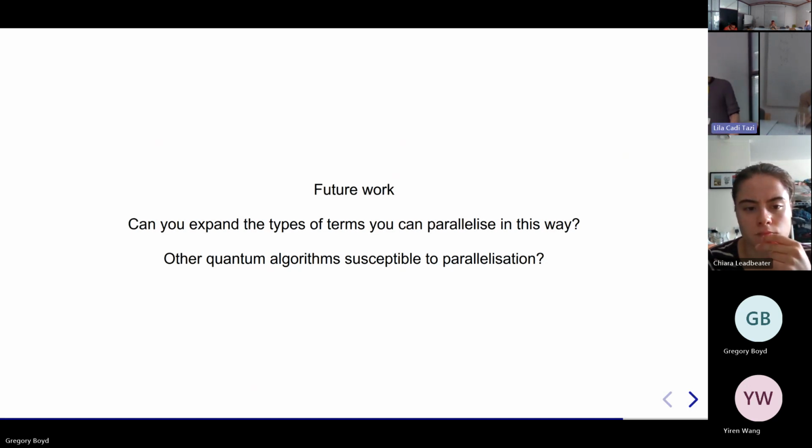And what are other good targets for quantum algorithms for parallelization? I pointed out that these select QROM type circuits are good targets, one because they're so common, and two because they're so inefficient in terms of using up resources at speed.